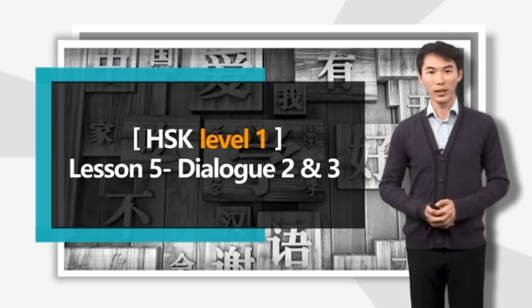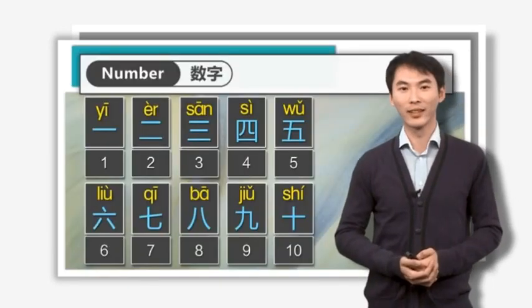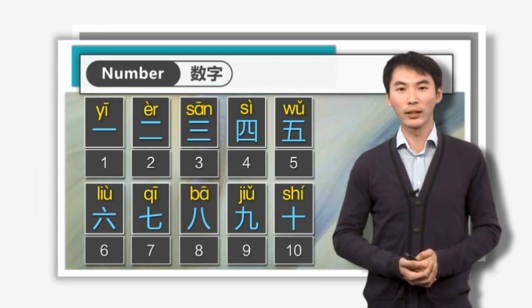In the previous lesson, we have learned how to use the gestures to express numbers from 1 to 10. Today, we will continue to learn how to say numbers below 100. You have got 10, so it's easy to learn 20, 30 until 90.